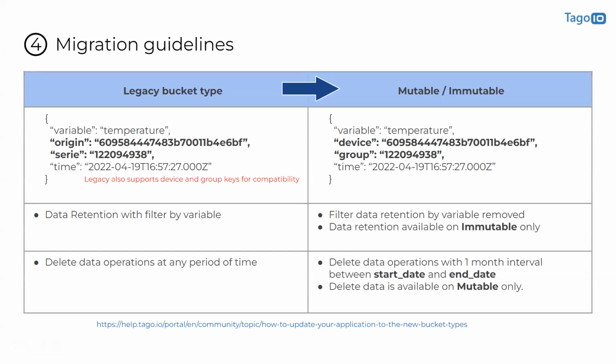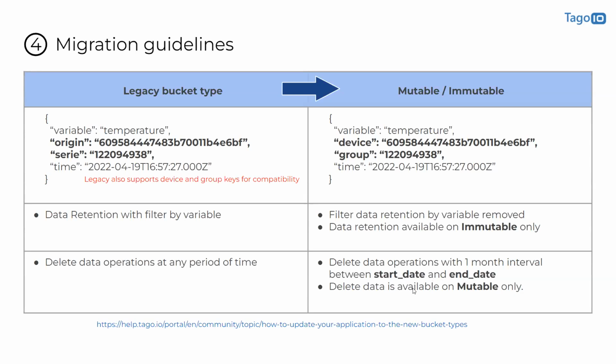That means if you have 1 year old data, and you do not specify the start date and the end date to get this old data, the data will not be removed when you call this operation in your analysis. So this is something good to keep in mind.